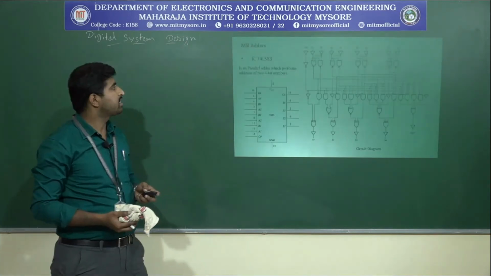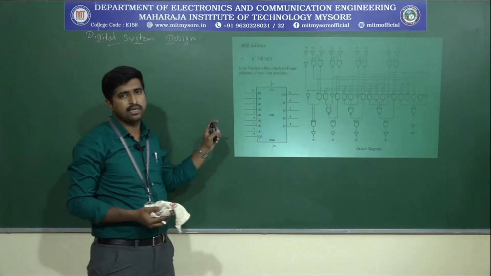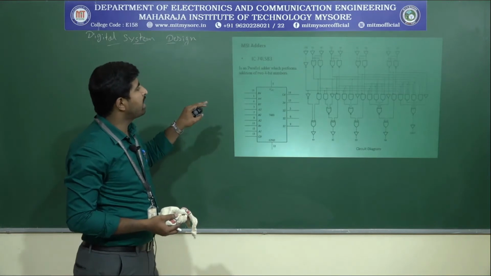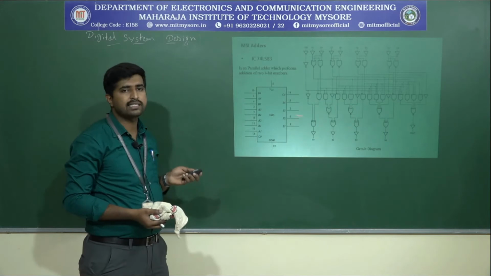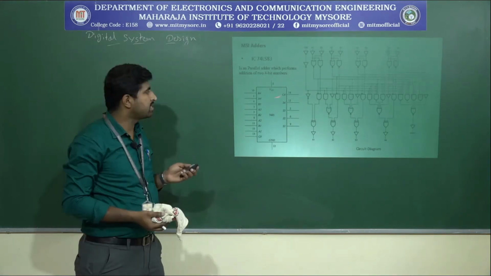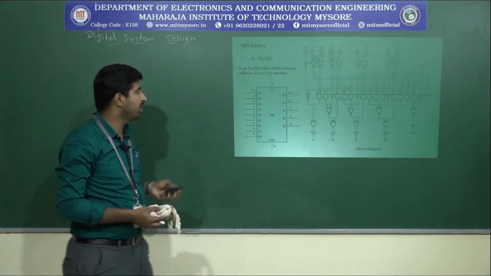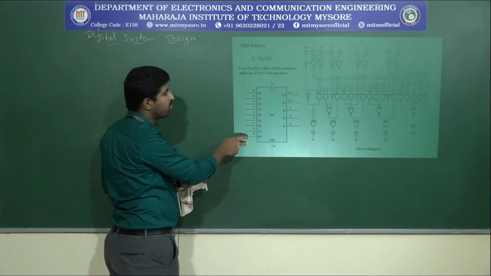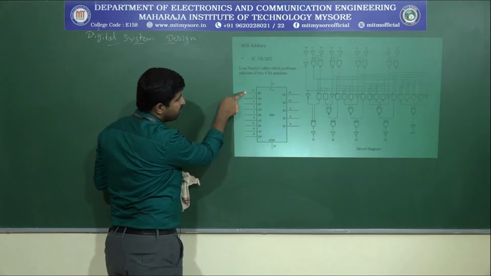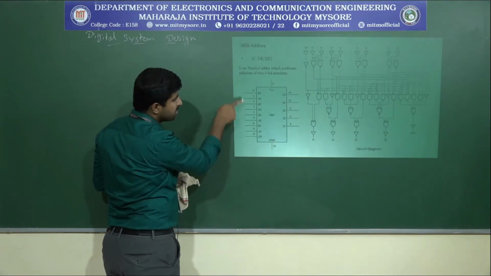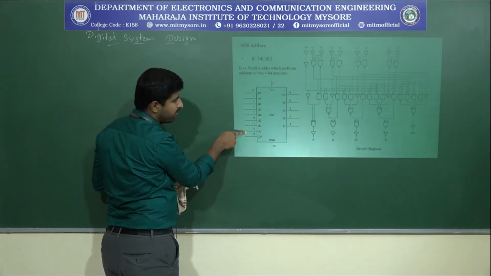The integrated circuit consisting of adders is the 74LS83. It is a 4-bit adder, so it can add two 4-bit numbers. This is the pin diagram of the IC, which has 8 inputs corresponding to the 4 bits of 2 numbers, that is B4, B3, B2, B1, A4, A3, A2, A1.